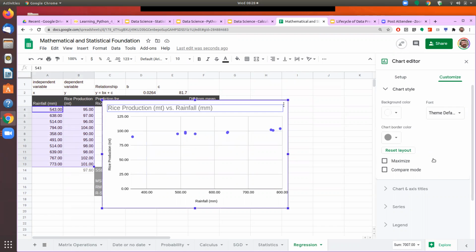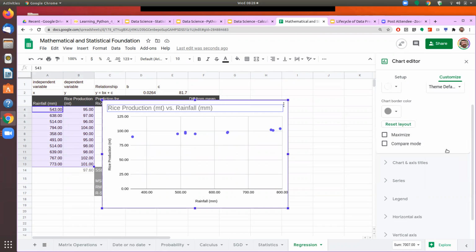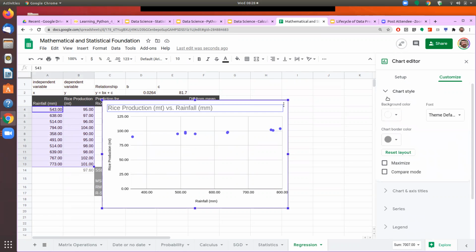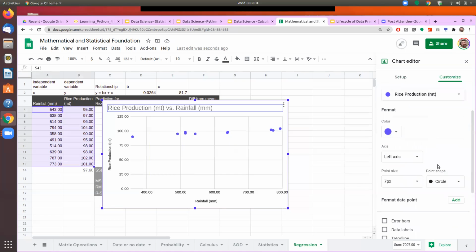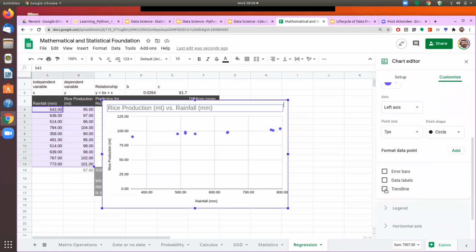In customize, you would have an option, not the chart style; from chart style we go to series. Under series, you will have an option of trend line. Once I click on trend line, it draws the trend line.